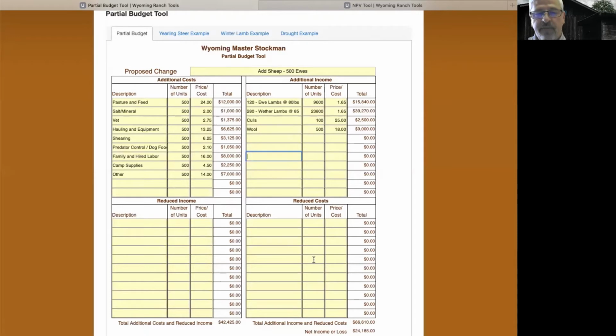So we have that advantage, but still, can we afford to make this investment if we're only going to be adding $24,000 in net revenue a year on our operation?